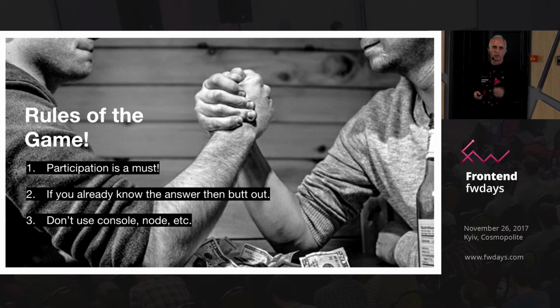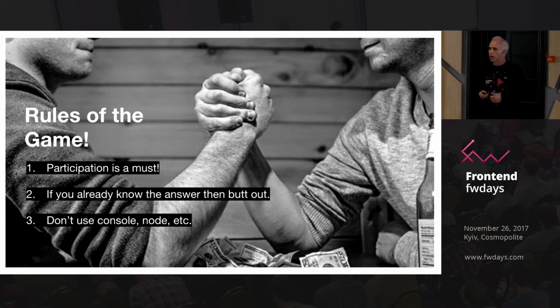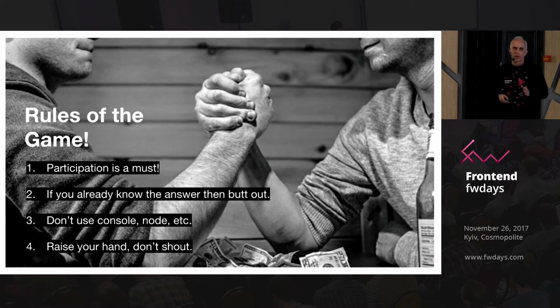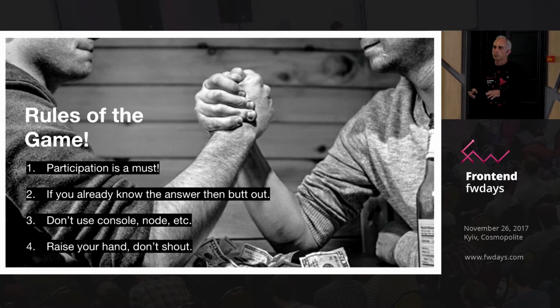Obviously, I see that you don't have computers in front of you, which is great. It means you're paying attention. But using a computer, opening the console, typing in some of the code, that's cheating. So don't do that. And finally, raise your hand. Don't shout. We want to give other people a chance to think about it. So even if you think you know the answer, don't just shout it out. Raise your hand.